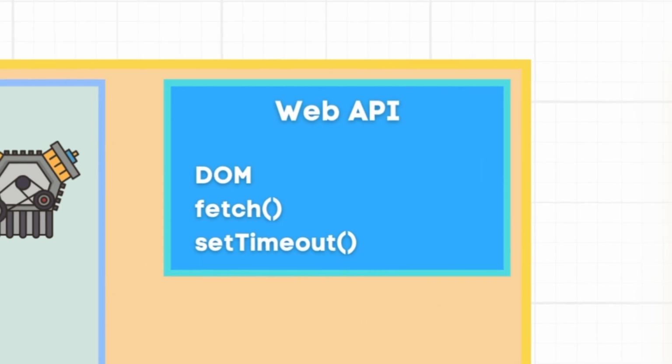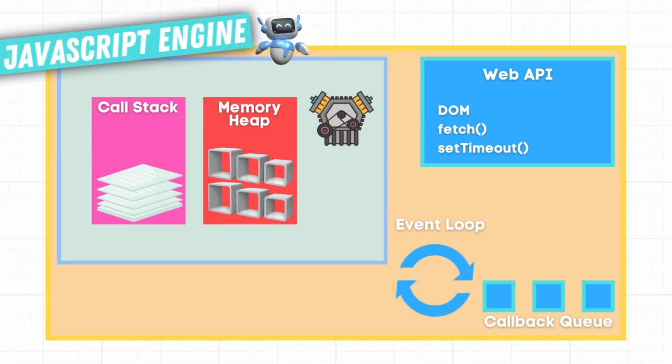The Web API comes with browsers like Chrome, Microsoft Edge, Safari, and Firefox. Each of them has its own JavaScript engine implementation and a JavaScript runtime that provides a Web API.